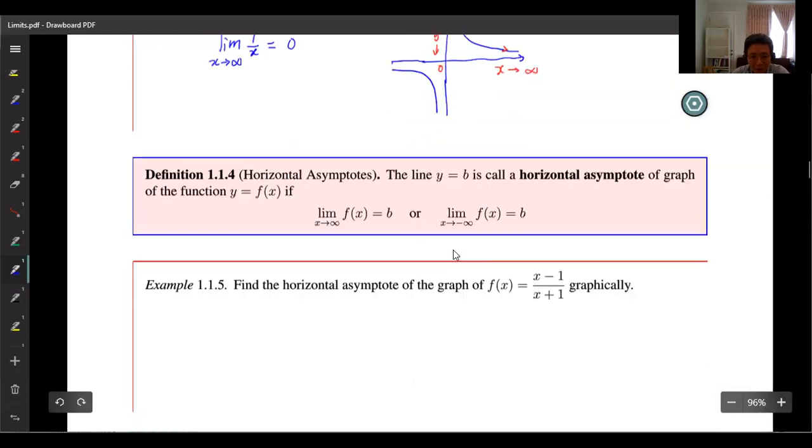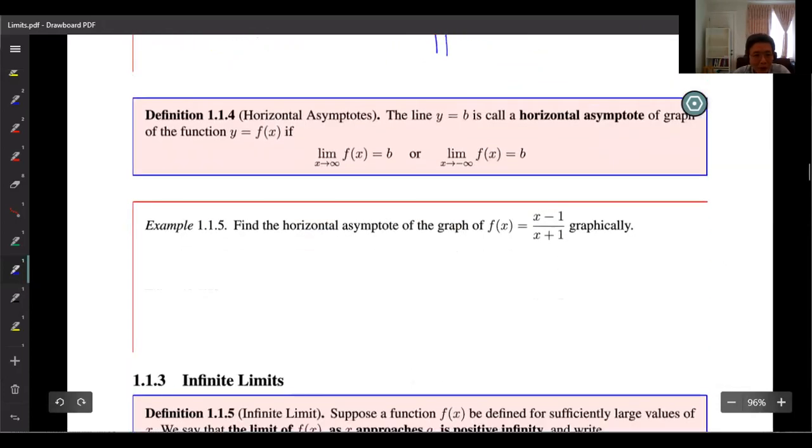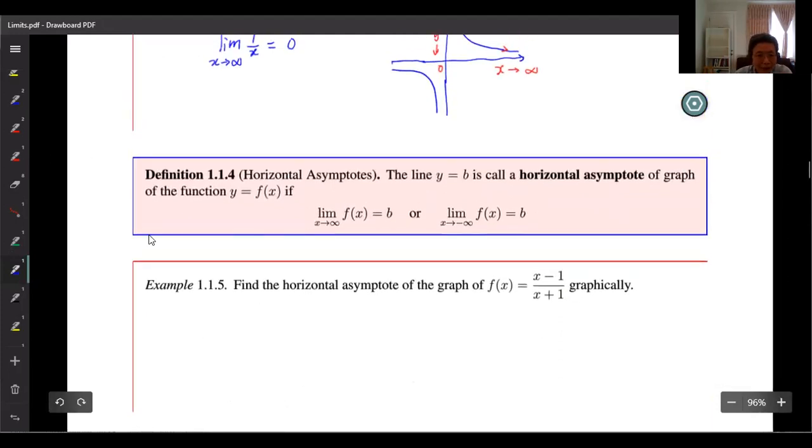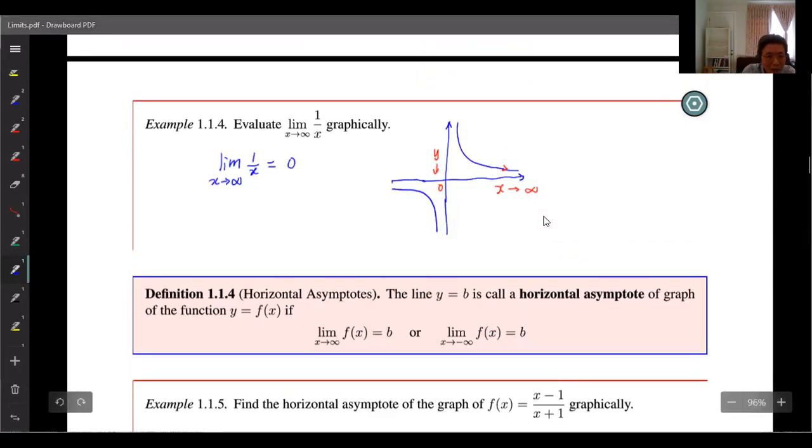Okay. There's another type of limit we talk about. Still the same concept. So in pre-calculus, if you learned, we say if the function value at infinity is 0, this horizontal line is a horizontal asymptote.